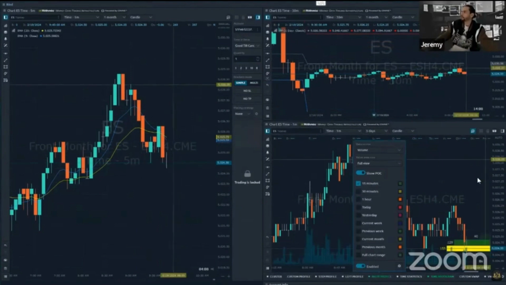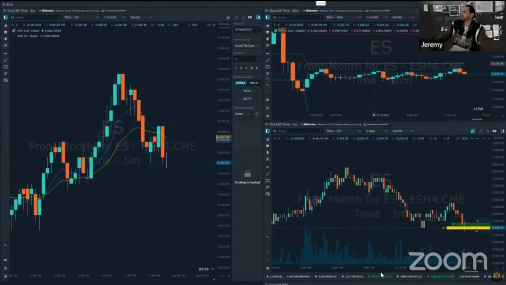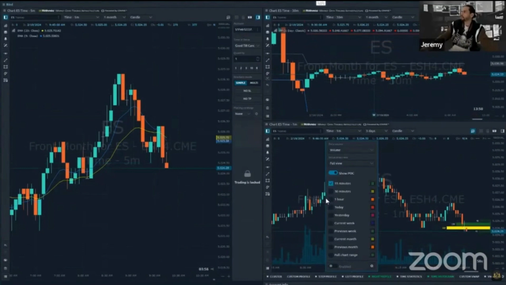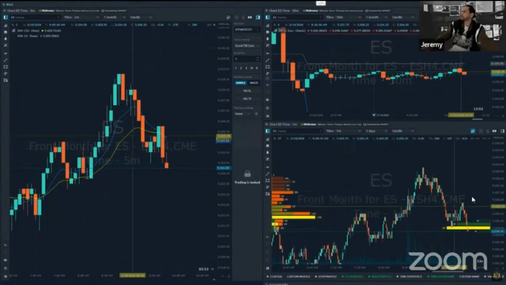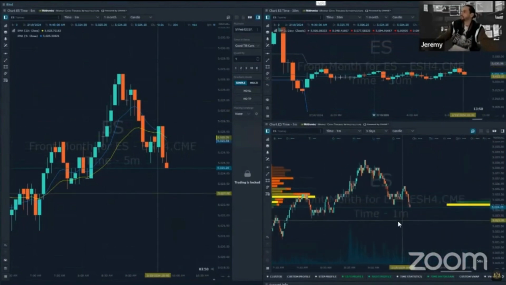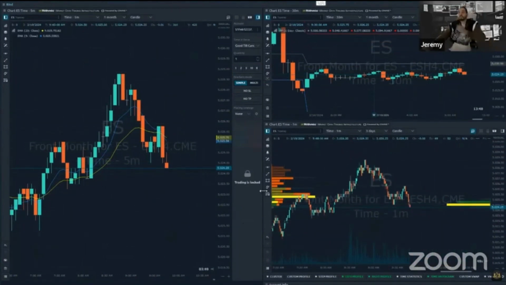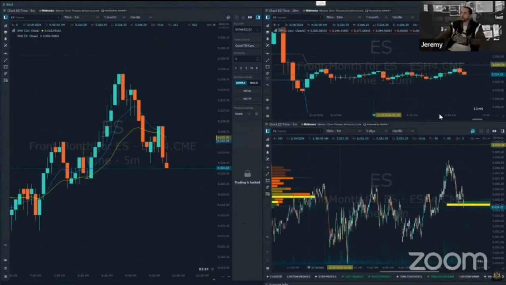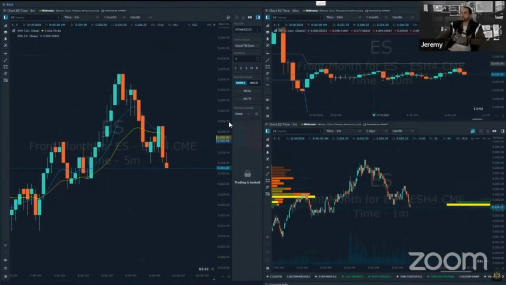I like the POC. So I'll run something like that on the 1 minute. This one is my TopSTEP setup. This is how I would take trades off of the TopSTEP setup.